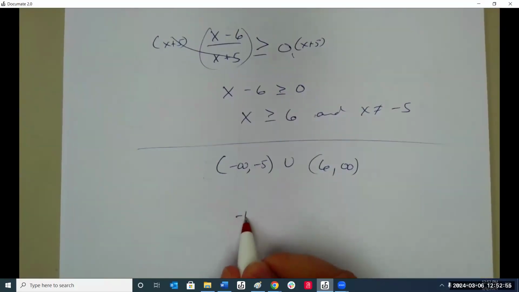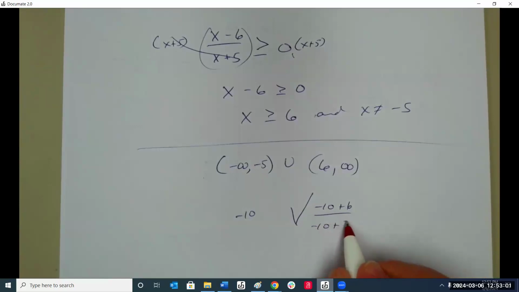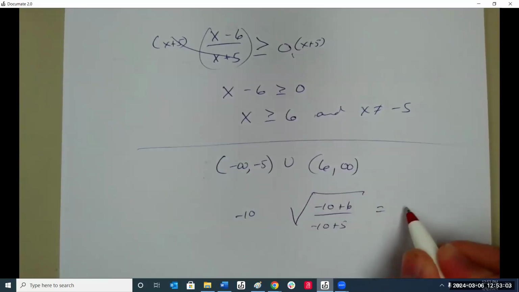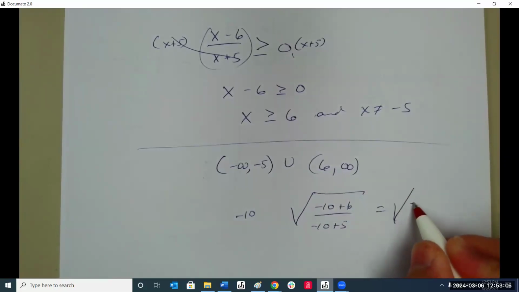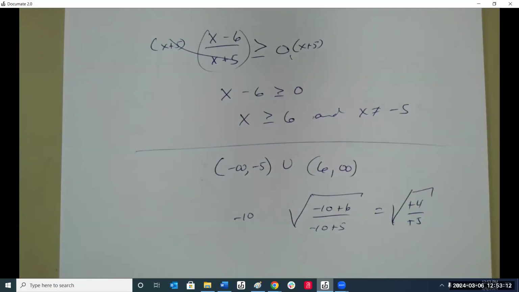So let's say we had -10. If we plug that in there, -10 minus 6, -10 plus 5, -16 over -5 makes it positive 16 over 5. Yes.